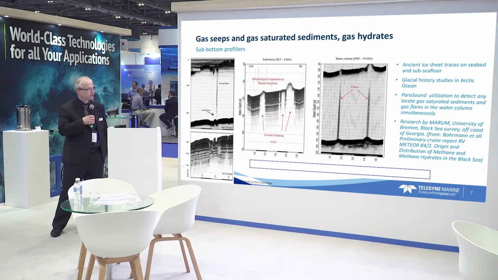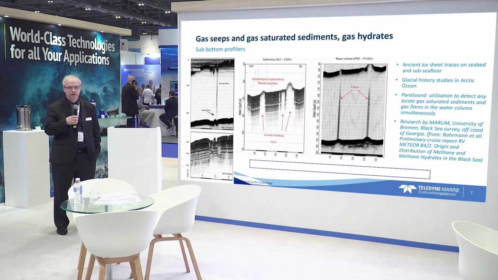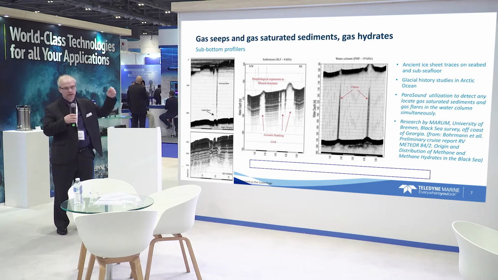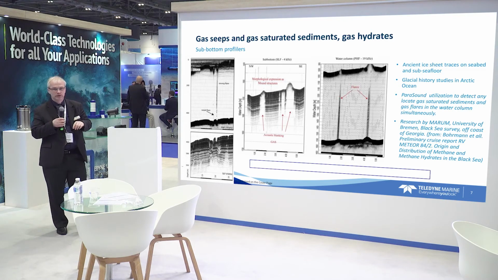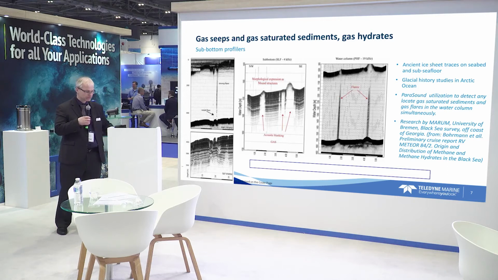So it's quite a nice tool to identify the spots where there is free gas in the sediments. Having the water column imagery as well as the sub-bottom imagery at the same time with the same profile helps a lot to locate sites, even sites that are not currently active during the survey itself.